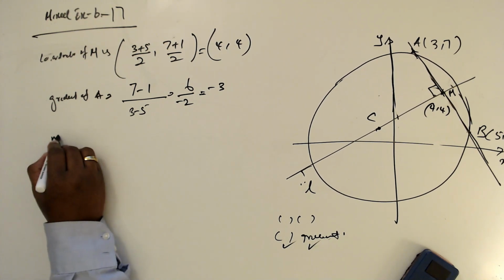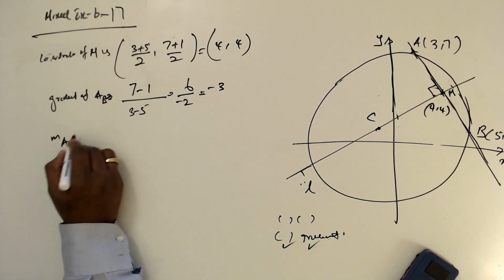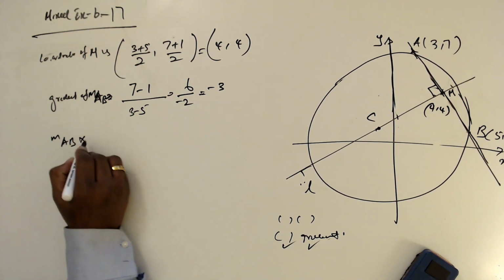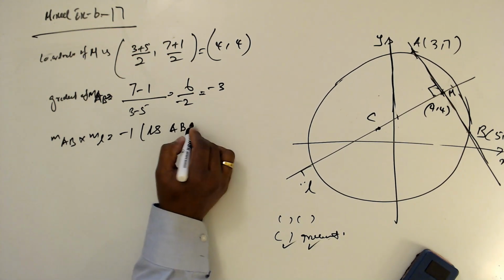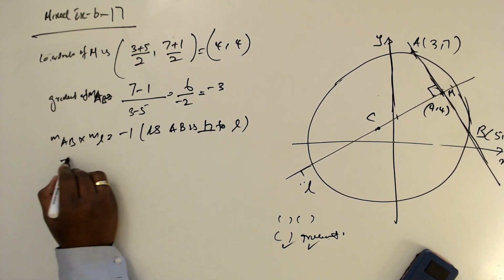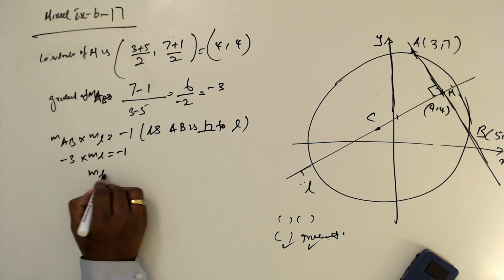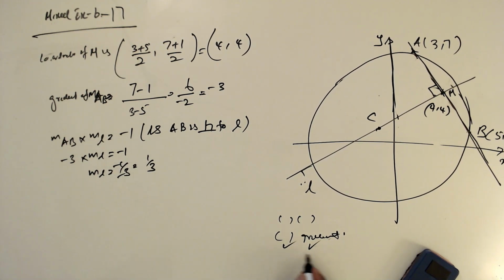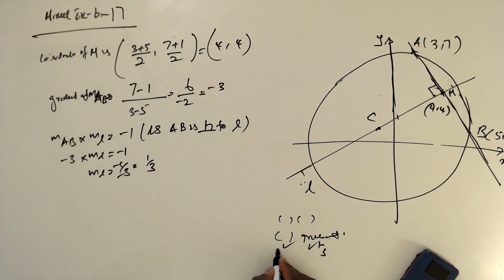I will write M_AB times M_L equal minus 1, as AB is perpendicular to L. Then the AB gradient I know is minus 3, so M_L equal minus 1 over minus 3, which is 1 over 3.